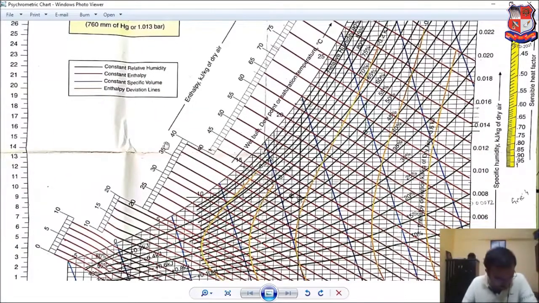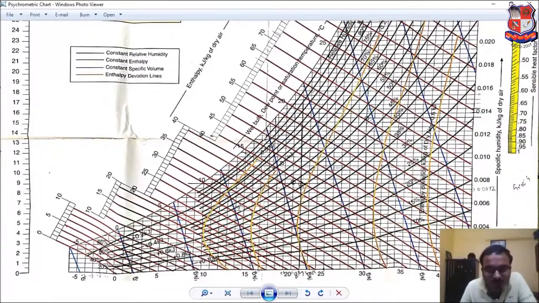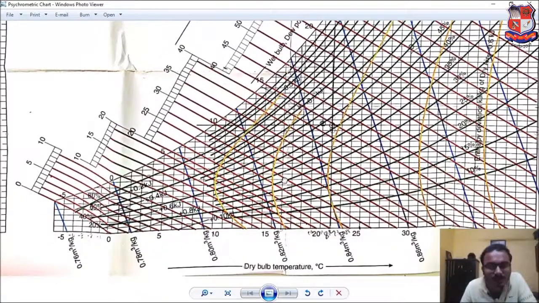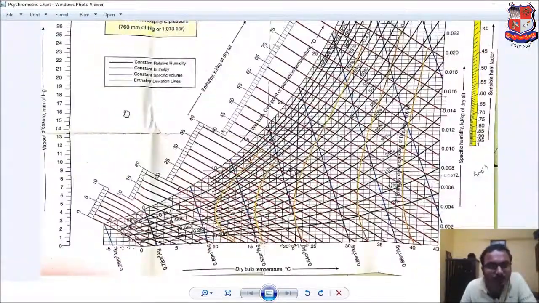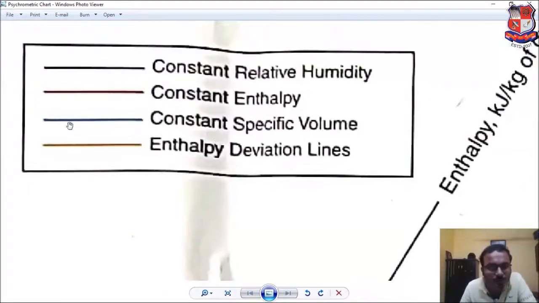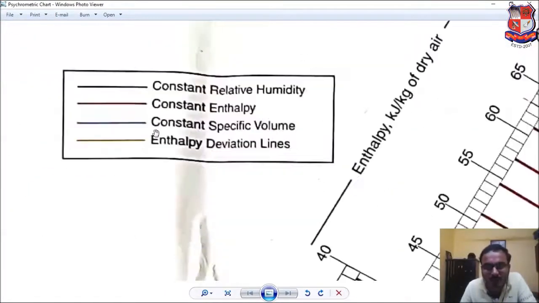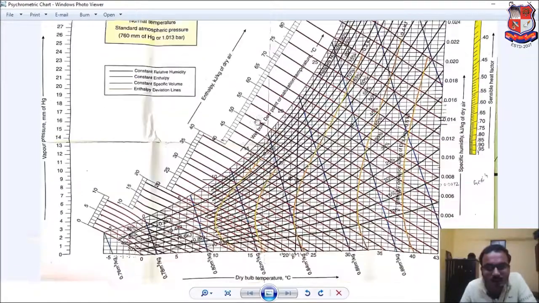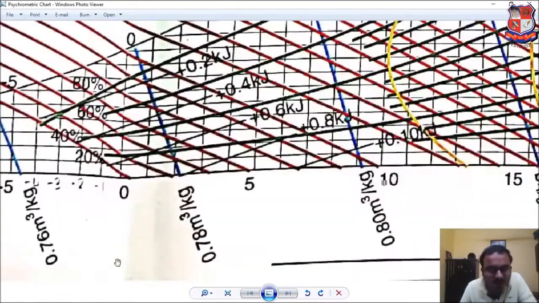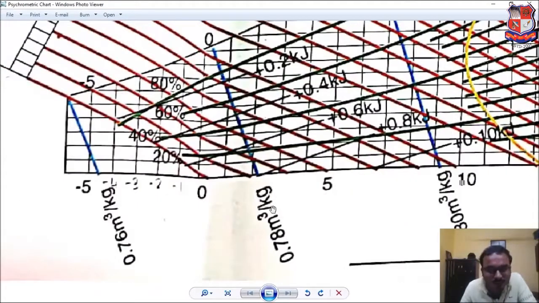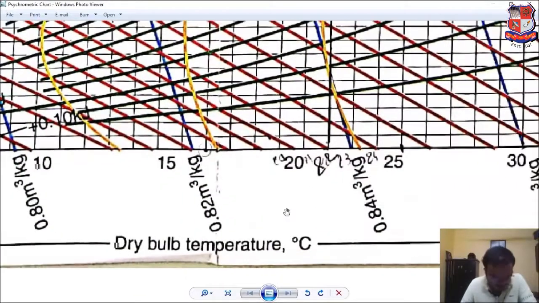Now the next is constant specific volume lines. The constant specific volume lines, as you can see, are indicated through these thick black lines, and those are inclined lines. As you can see, these blue color curves have the values of specific volume.